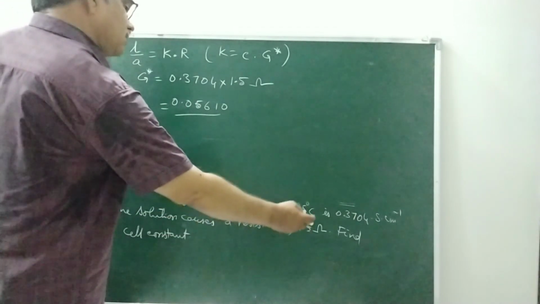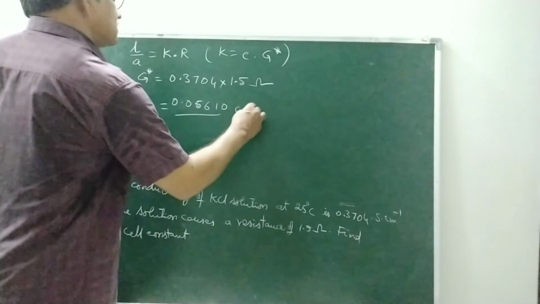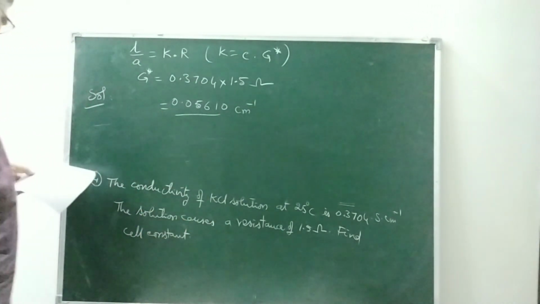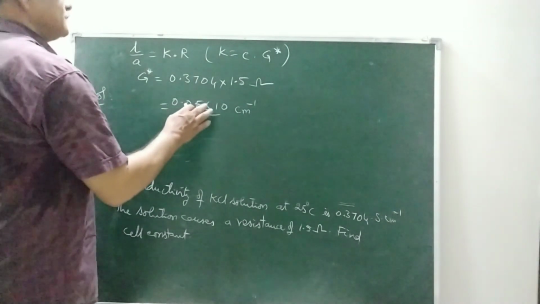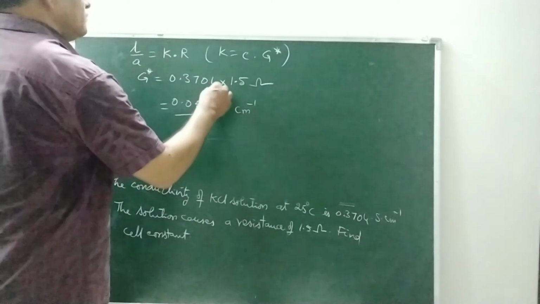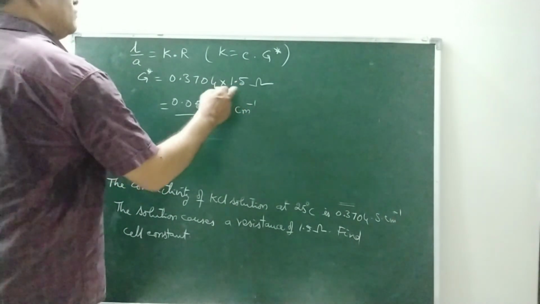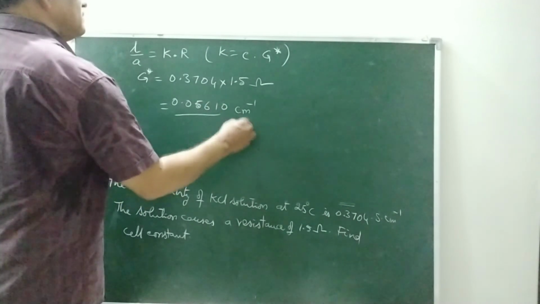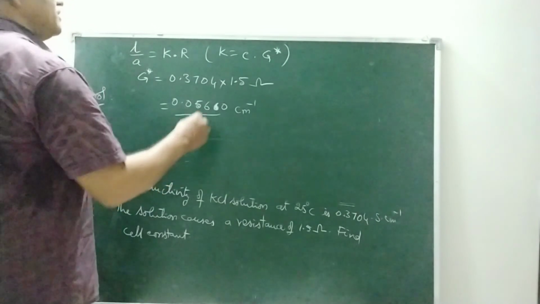These values are given in Siemens centimeter inverse, so the cell constant will be in centimeter power minus 1.